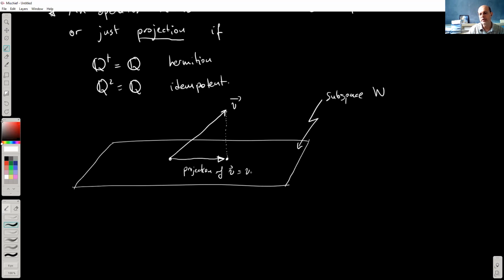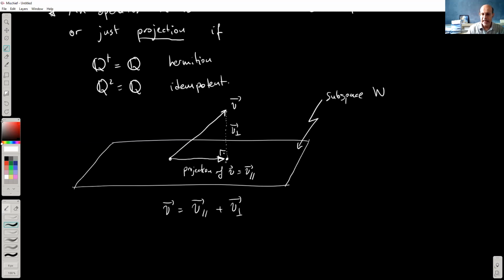And I'm just going to call this V parallel in here, right? And this is the perpendicular component. So you can think of it like I decompose V into a parallel component and a perpendicular component. Therefore, V is equal to this parallel component plus the perpendicular component.